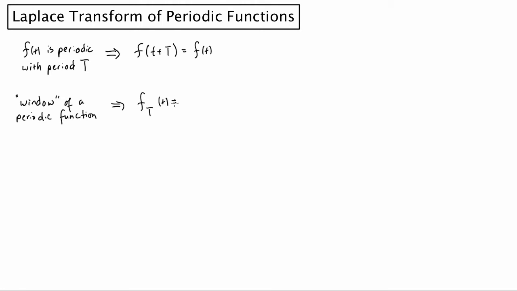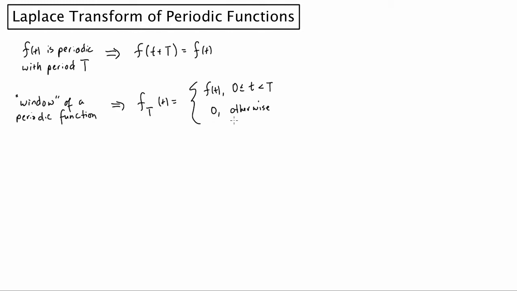It's the very first period, the first positive period of the function, meaning it's f of t for values of t between 0 and the end of the first period, and then the function is 0 otherwise.